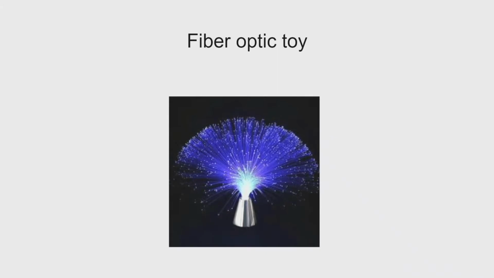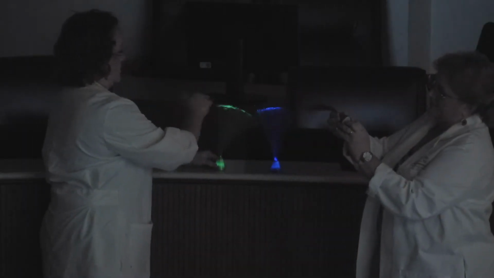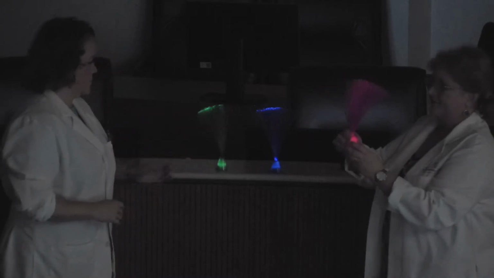Okay, our next example of an energy transformation is a fiber optic toy. Now these have batteries in them, and when we flip the switch, you get a nice color display.